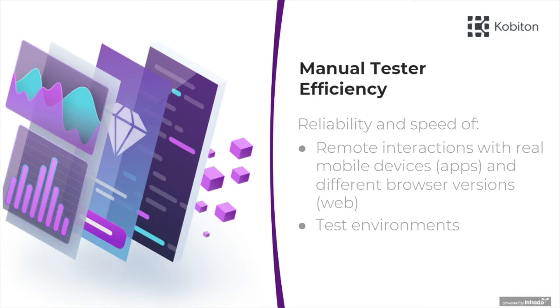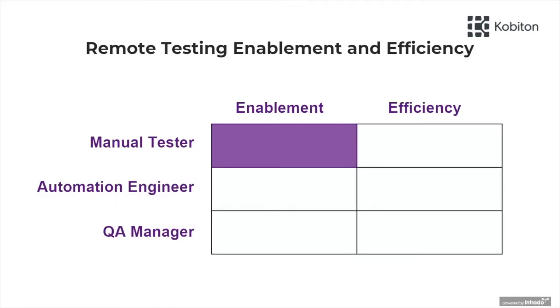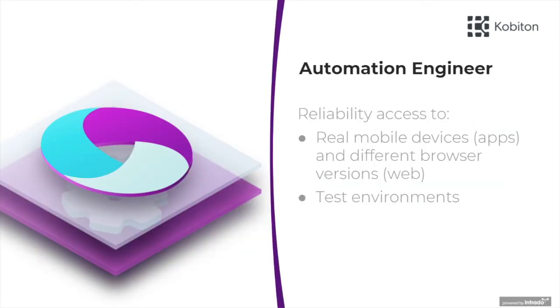Okay, move on. And then going on to the automation engineer is a lot easier. Just like developers, a lot of them are able to work remotely because they have their environment set up locally. That means that they don't have the challenges around connectivity because they have what they need local, and they're able to do all their unit testing locally.